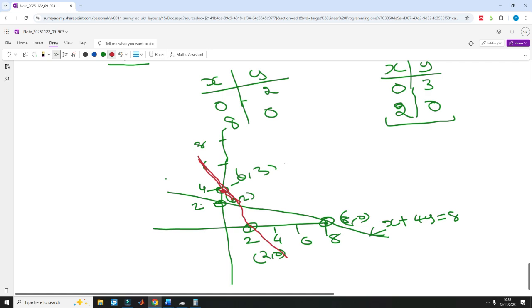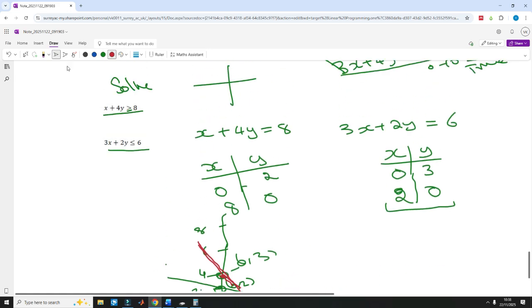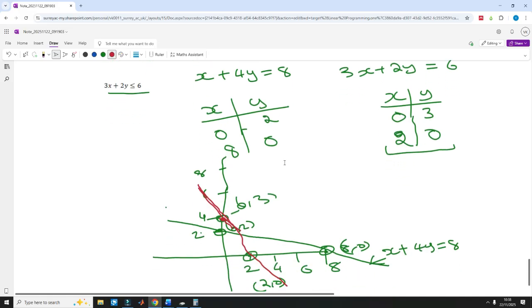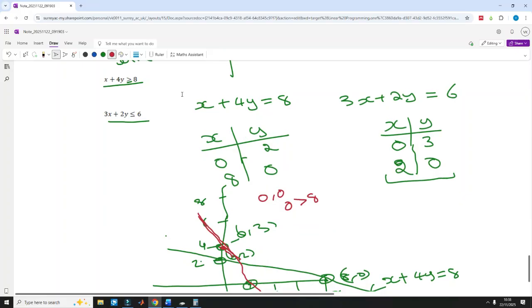So now we have to find the common region. What we have here is x plus 4y greater than or equal to 8. Let's put x equal to 0, y equal to 0: is 0 greater than 8? No, that's not true.